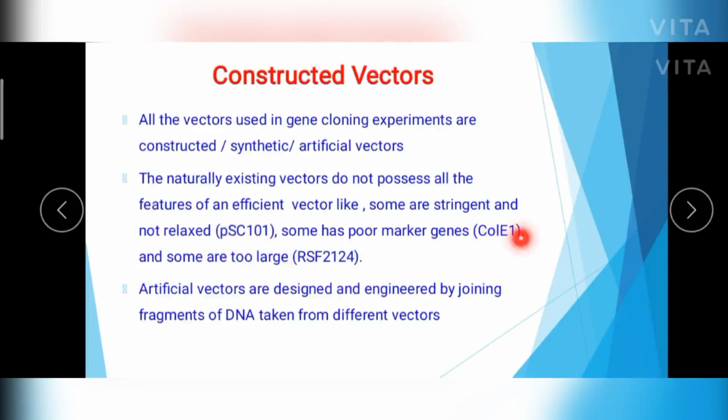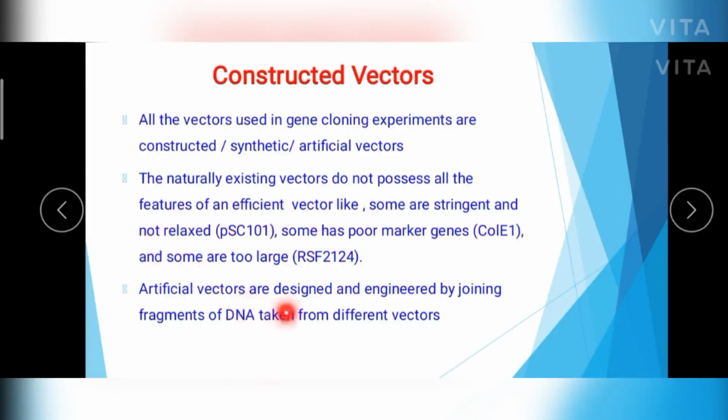If you take the ColE1 plasmid, it is also a natural plasmid, but it has poor marker genes. And if you take the RSF2124 plasmid, it is very large in size. Our vector should be of small size in order to handle. Like this, all the features are not exhibited in a single vector molecule.